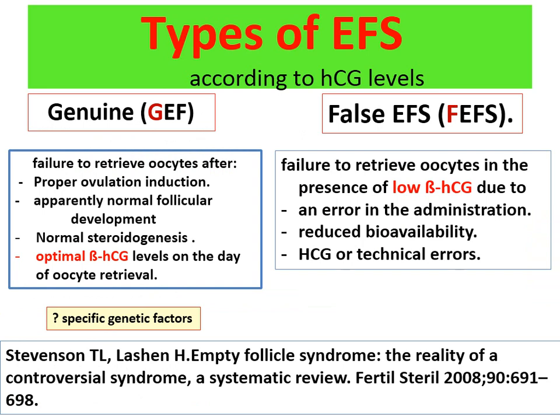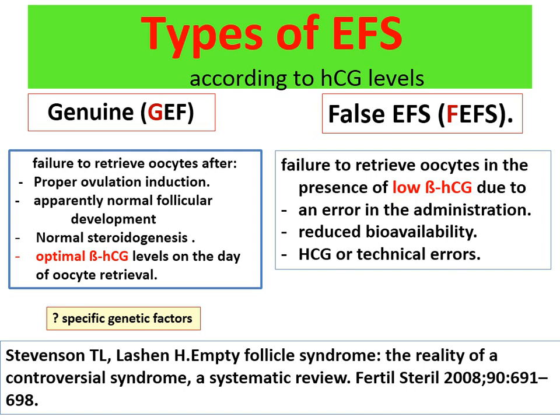Now we have 2 types of empty follicle syndrome. You have to revise yourself. Is this case of empty follicle syndrome real, is it genuine? Genuine means failure to retrieve oocytes despite proper ovulation induction, proper drug selection, proper batches, proper patient administration, appropriate normal follicular development, normal steroidogenesis by hormonal profile, and optimal beta HCG level on the day of oocyte retrieval.